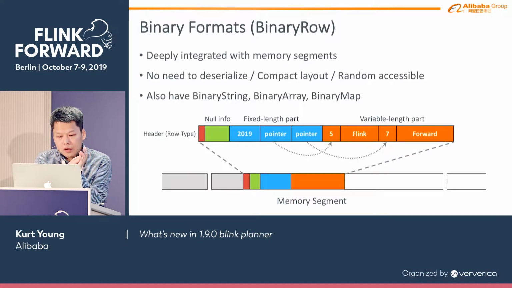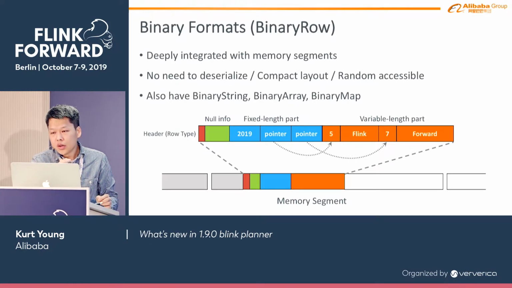After introducing binary row, we realized that some complex fields also meet the same problem as the row. Take string, for example. If you want to access the 100th character of the string, you also have to deserialize the whole string into a Java JDK string, and then you can access the character.